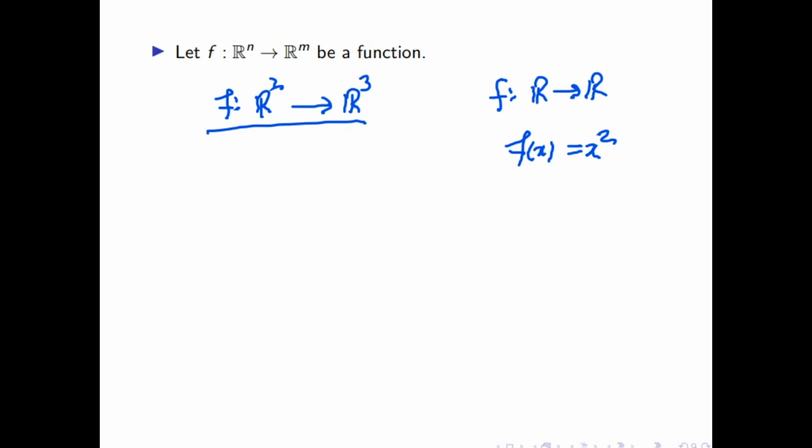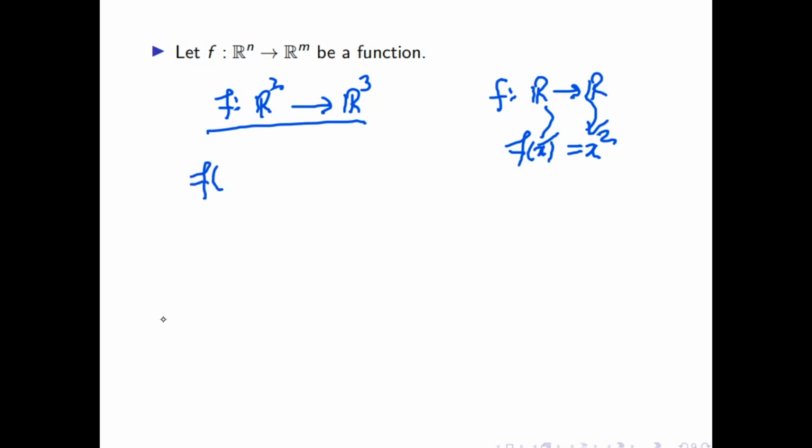R2 means 2 components, R3 means 3 components. So in the domain there are 2 variables, in the codomain 3 variables. Here in R there is only one variable x, and here only x square, which is also a real number. Can you give me an example of a function from R2 to R3 or R3 to R4? No, sir. Okay, I'm giving one example.